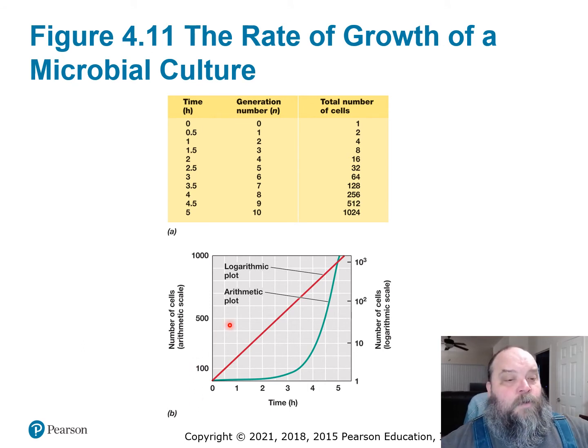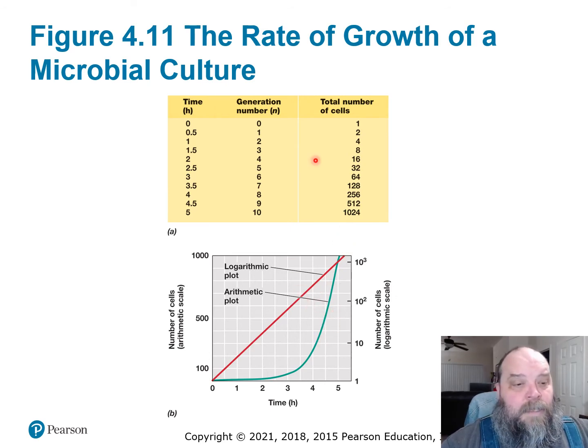If you were to plot out just the raw numbers, what you're going to see is the first few hours, the numbers are going to be very, very low. Then you're going to get a curve, and then they're going to shoot up as the numbers increase dramatically. Because think about it, within the first 5 hours, you go from 1 to 1,000.